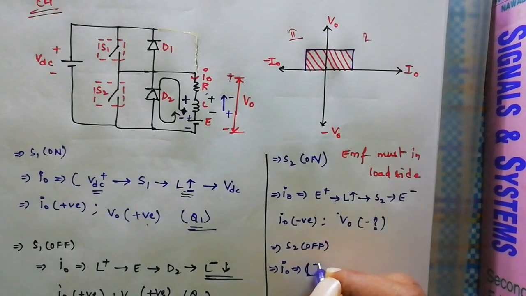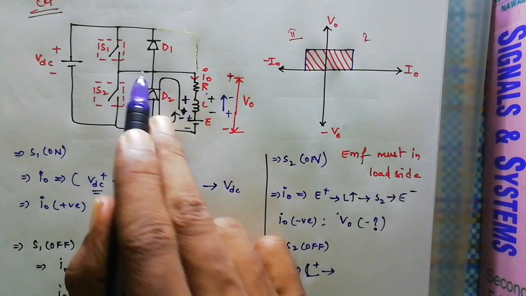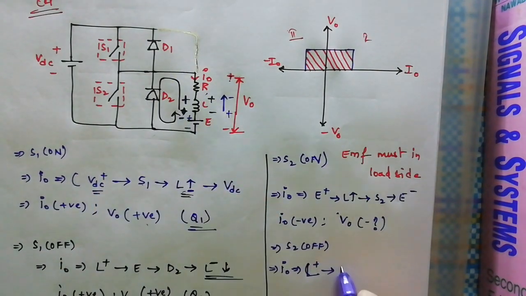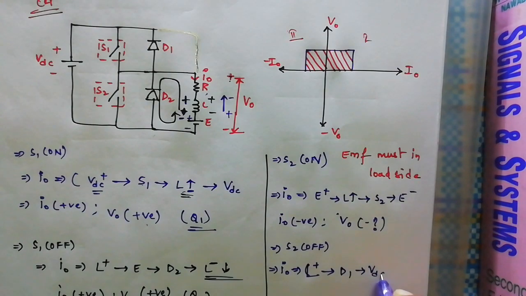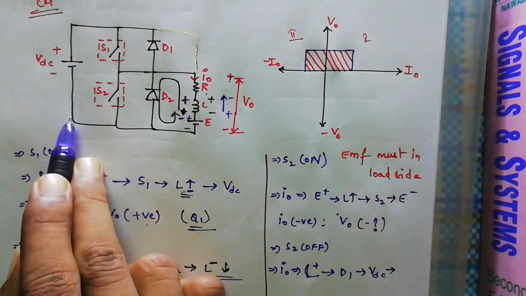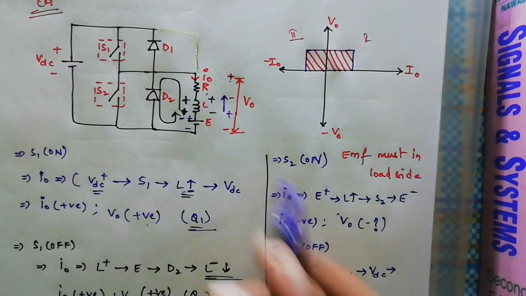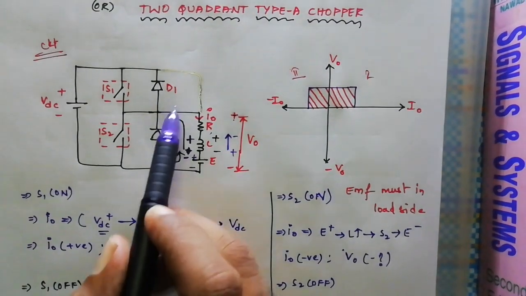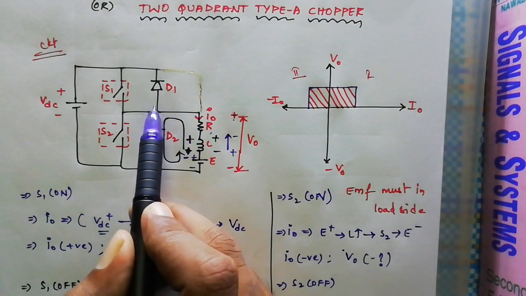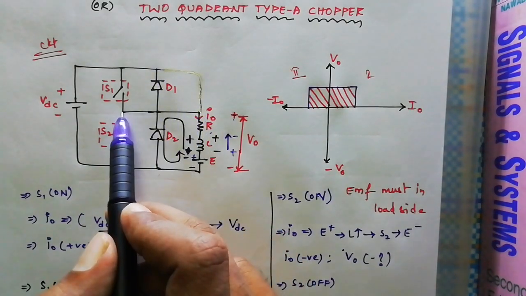From L plus it goes to D1, from D1 to plus VDC, and from VDC back to L minus. Why is the current going through D1 and not elsewhere?